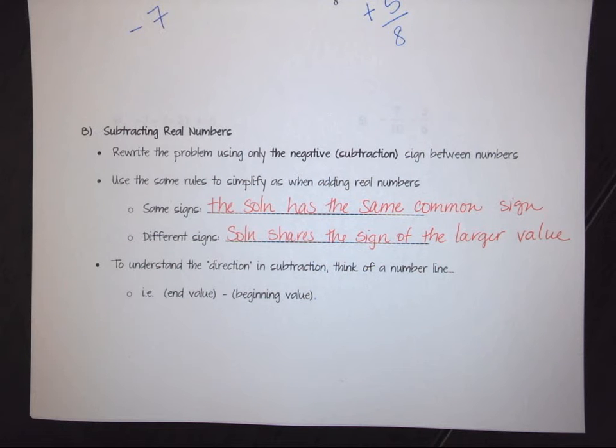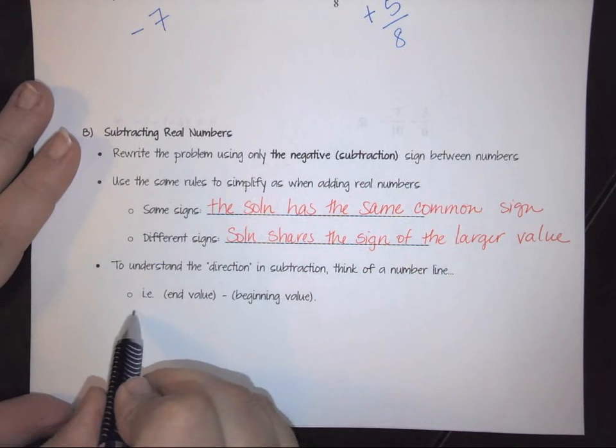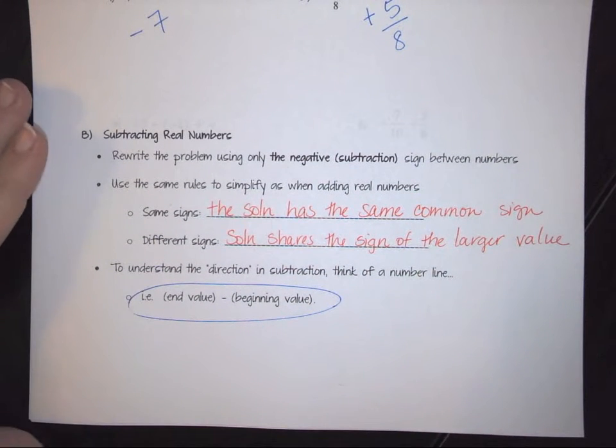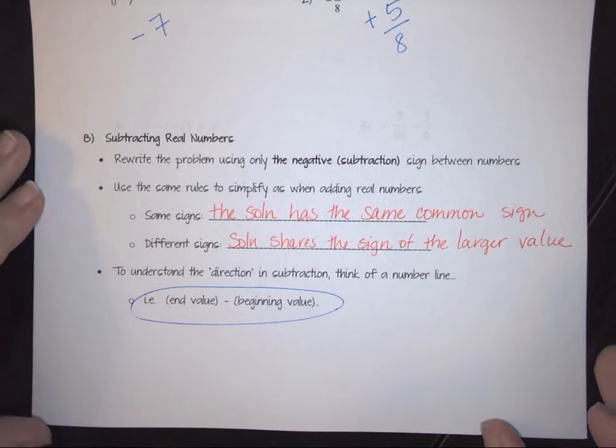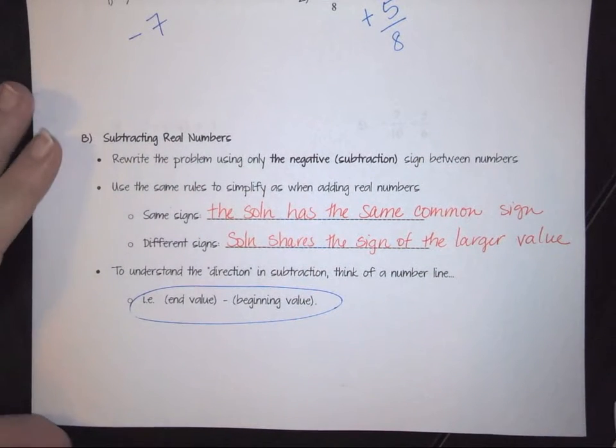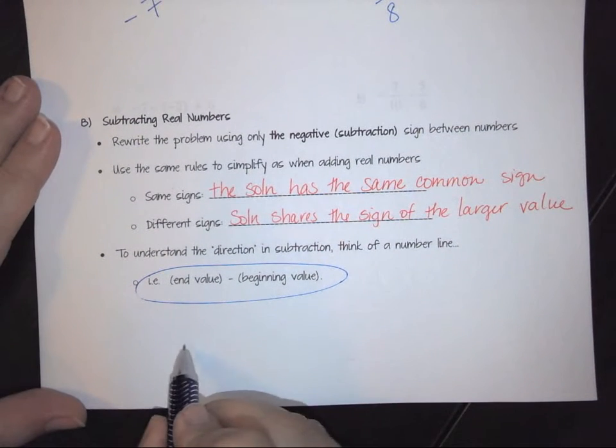Now when we're talking about subtraction, the number line is going to come into play in a big way. In order to do subtraction, we use the rule that we are going to take your end value minus your beginning value. But when you're thinking of that number line, what you really have to remember is this.